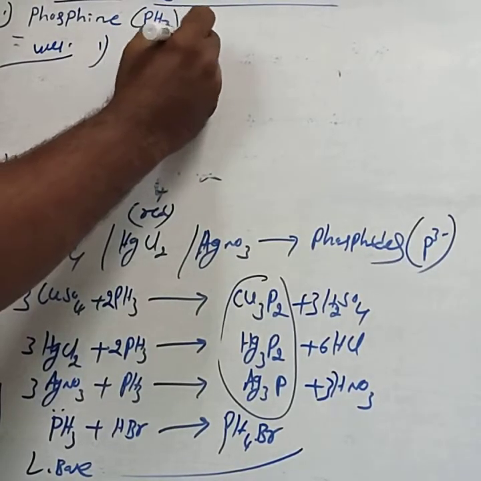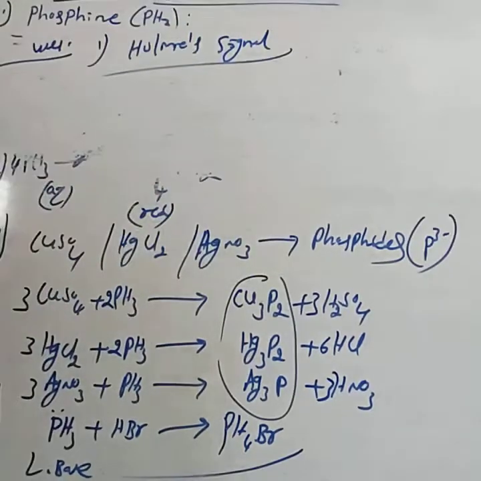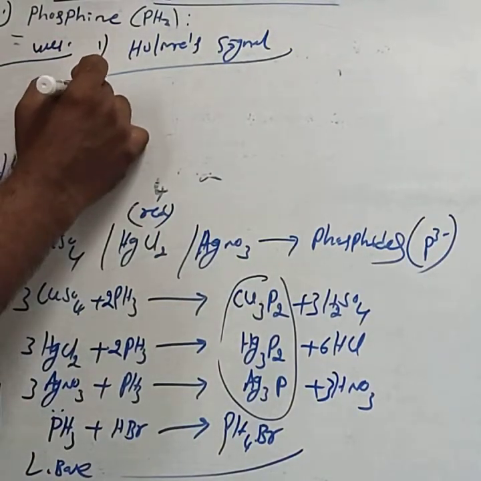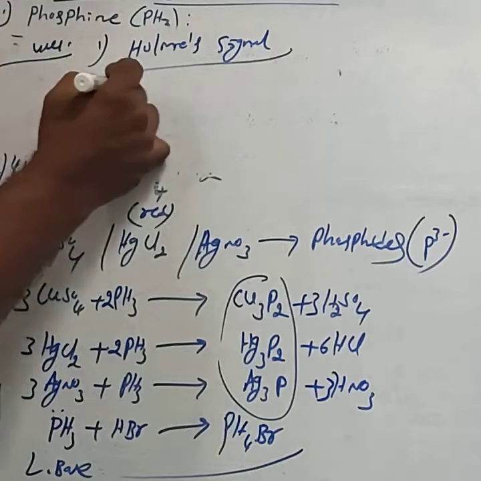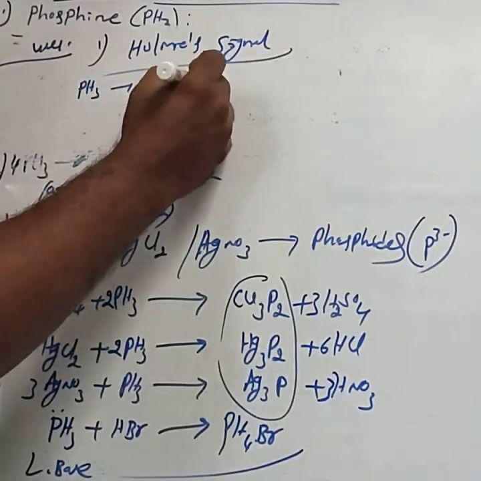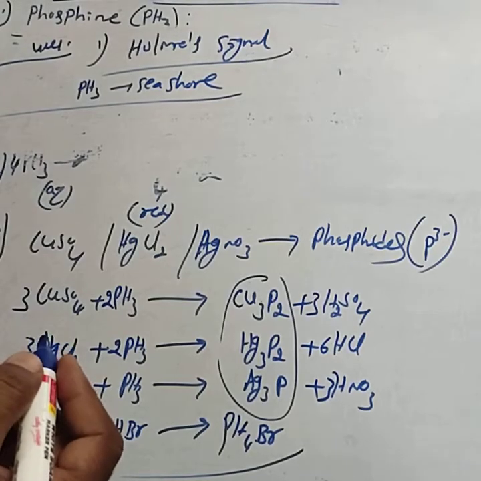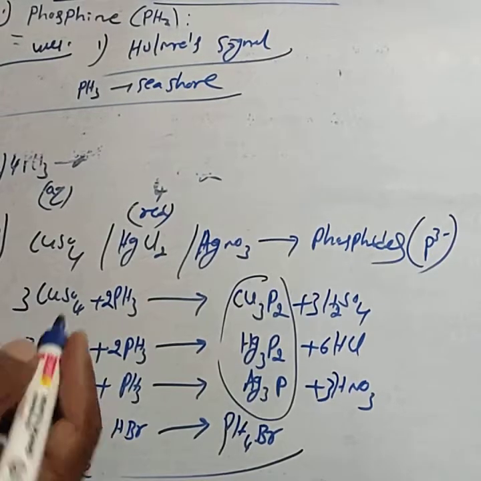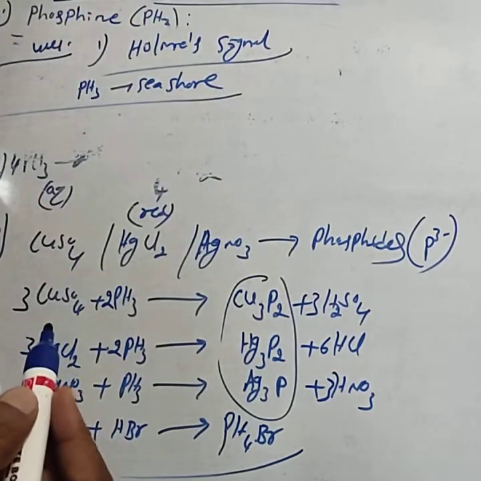It is the spontaneous combustion of phosphine, used to give signals in the seashore. It is commonly called the Holmes signal.